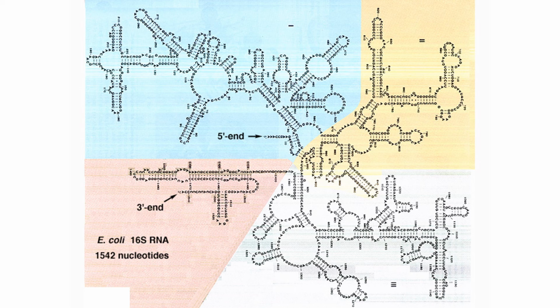Also, if you'll notice the proximity of that Shine-Dalgarno sequence to the first AUG, the importance of that sequence is that it results in the initiation of translation at the nearest AUG. So this ensures synthesis proceeds from the correct codon and in the right reading frame.